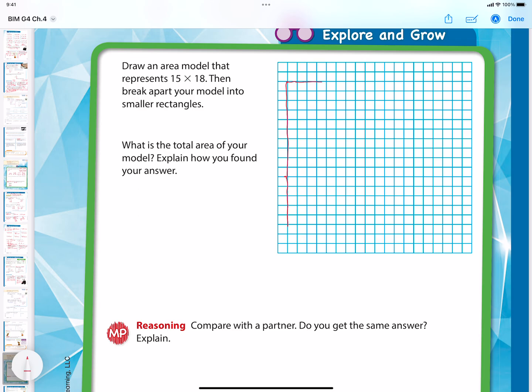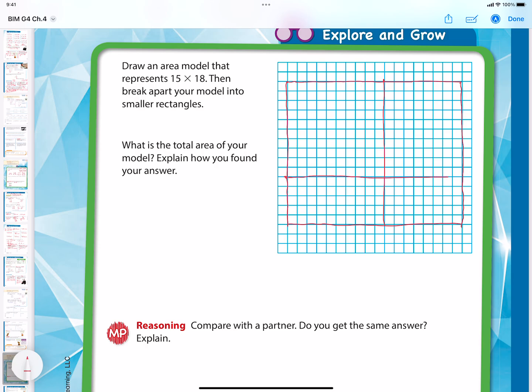1, 2, 3, 4, 5, 6, 7, 8, 9, 10. I'm going to put this little mark. 1, 2, 3, which means 13, 14, 15, 16, 17, 18. All right, now I'm going to draw this here, and I'm going to split that into this.